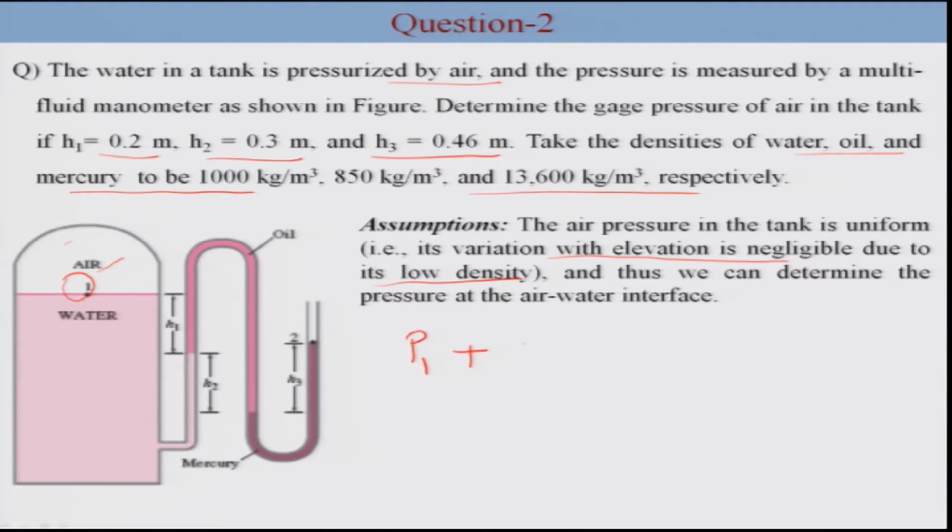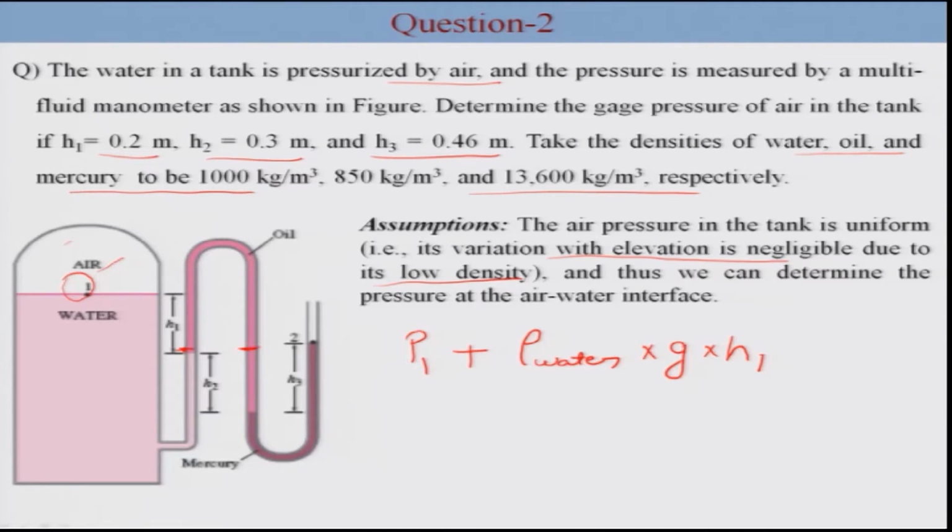So it will be density of water, as we are moving downwards, multiplied by g, acceleration due to gravity, and height h1. With this we get the pressure at this point. Now this pressure will be the same as the pressure at this point in the tube because it is the same fluid.